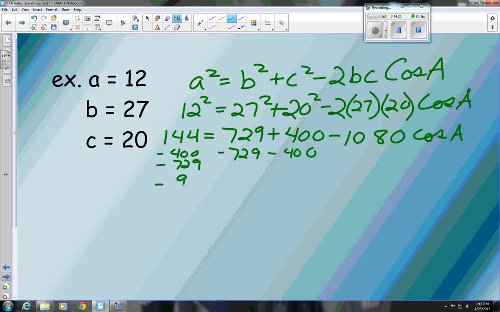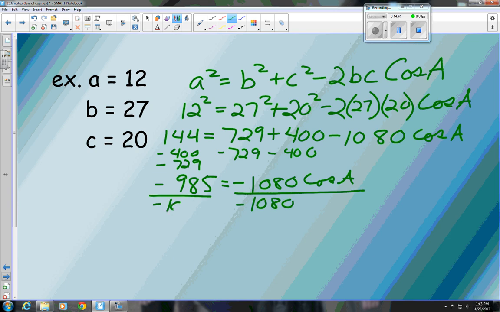I get negative 985 equals negative 1080 cosine A. Now you divide by negative 1080, and I get about 0.912, and so on.